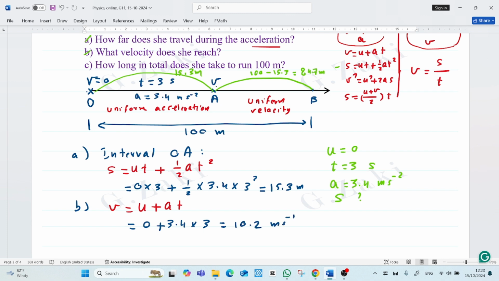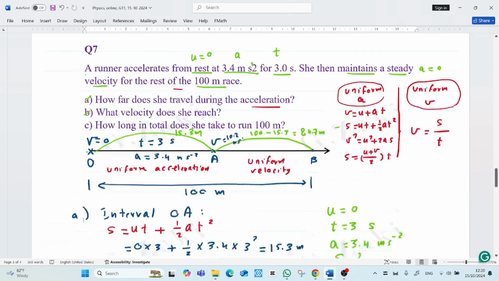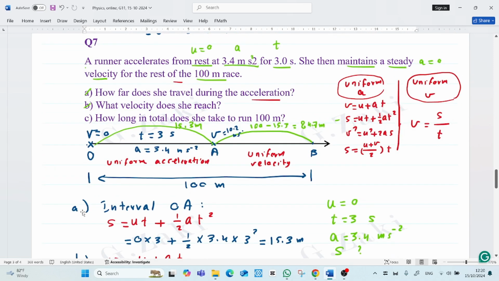Then the velocity at A equals 10.2 meters per second. It says she maintains a steady velocity, so the velocity from A to B is constant, which is 10.2 meters per second.